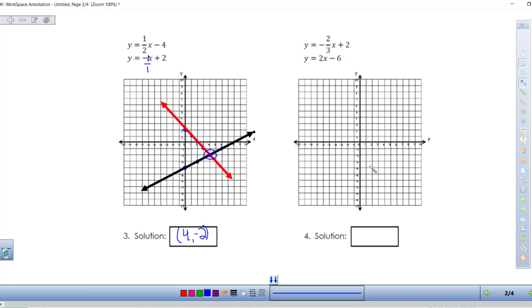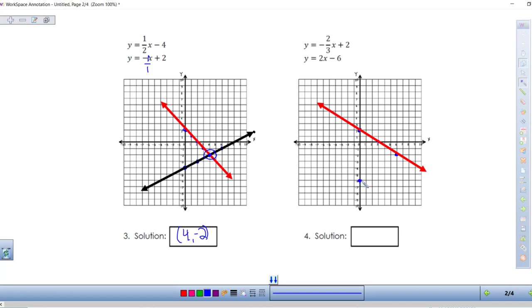The next example, we're going to start at +2. And our slope is -2 over 3, so I would go down 2 over 3. Again, we want to try to have 3 points if it fits on our graph, and make sure we use a ruler to have nice straight lines. Our second line, we start at -6.